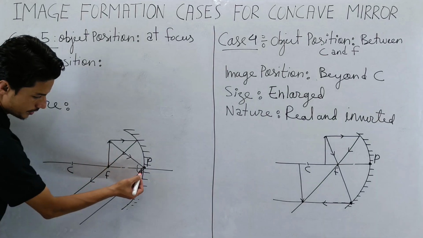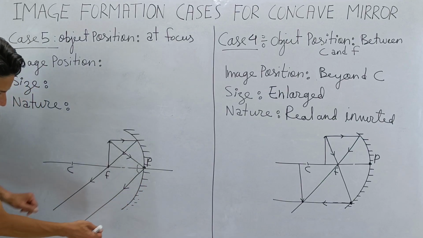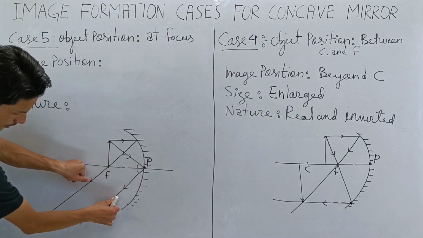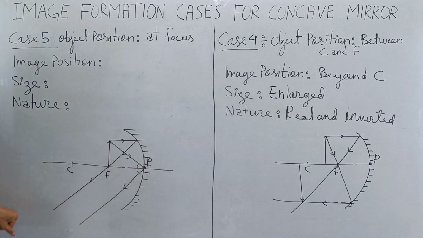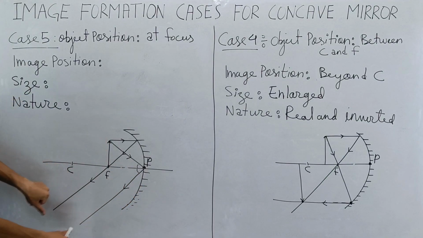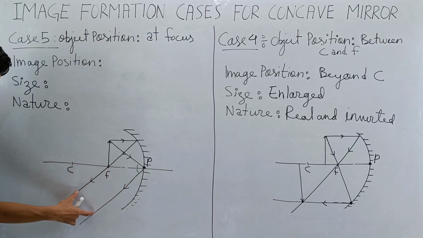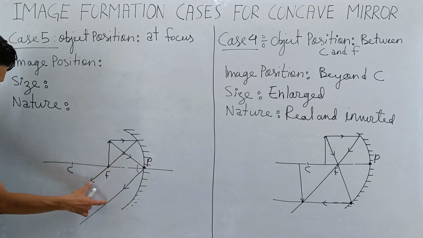The second reflected ray, after touching the pole, goes like this. Will they meet? No, they are not going to meet because they are parallel. When you are drawing it, make sure that you get parallel lines.